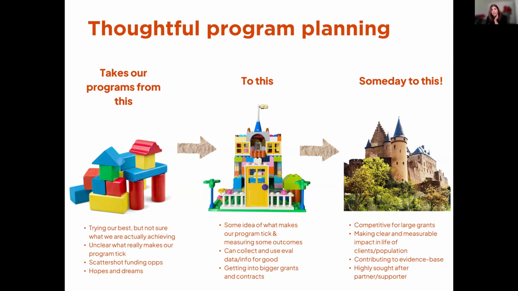So thinking a little bit more specifically about how we want our programs to evolve and how we want our programs to serve people and show actual population level impacts, right? We really want to move away from hopes and dreams, happy, warm, fuzzy feelings that we feel like we're doing a good job, but we can't actually show that that's the case, to moving along a continuum where we're getting more advanced and doing a better job.